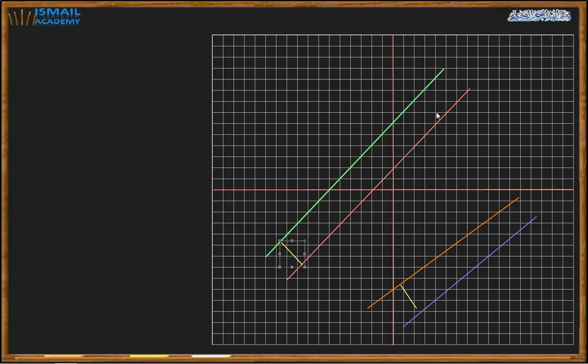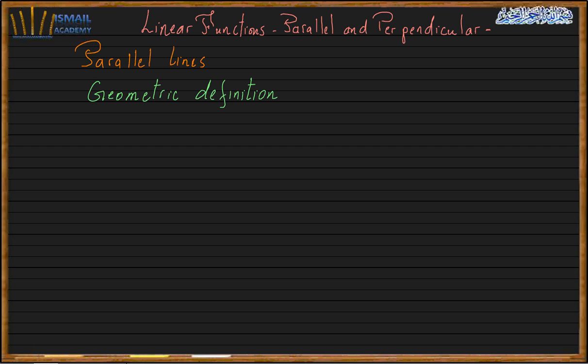The distance between the lines never changes if the lines are parallel, but if they're not parallel, the distance changes. So let's write down this definition.